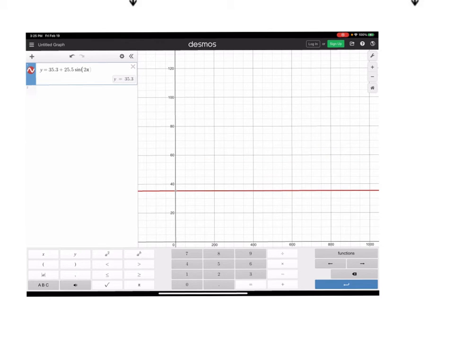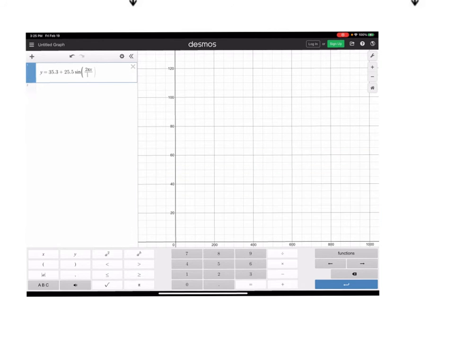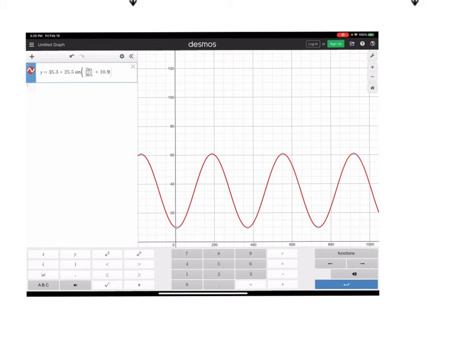T, in this case, is going to be x divided by 365. It's going to be plus 10.9. My function is getting in there, in parentheses. So one more scoot over, and the parentheses. So that is how I would graph using decimals.